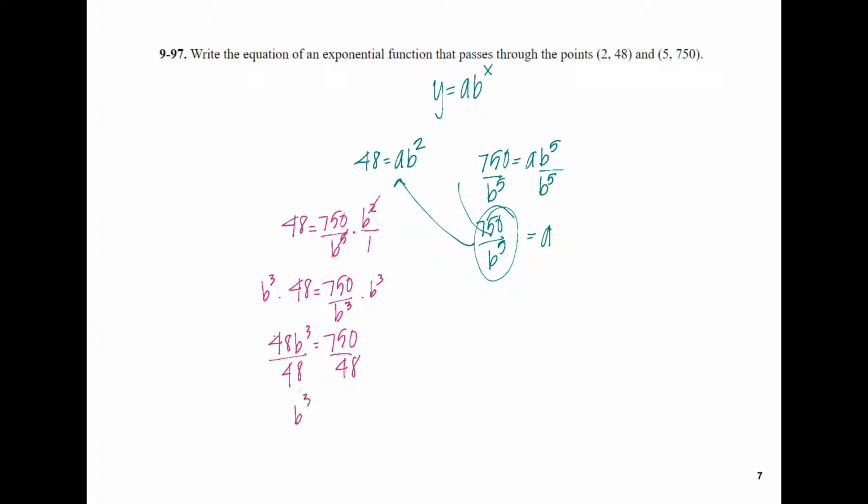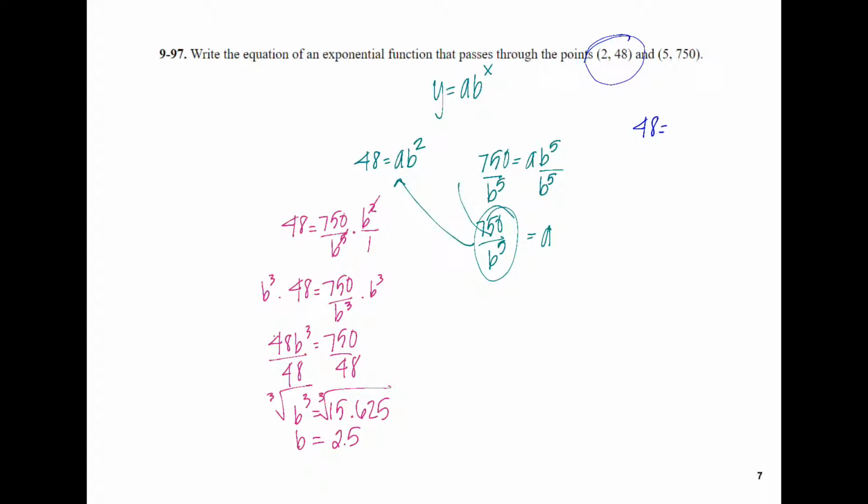And b cubed equals 15.625. Cube root is the inverse of cubing something. Gives us b is 2.5. We then can use either of our points. I'm going to choose the smaller one.